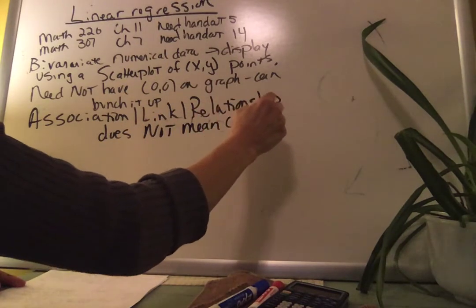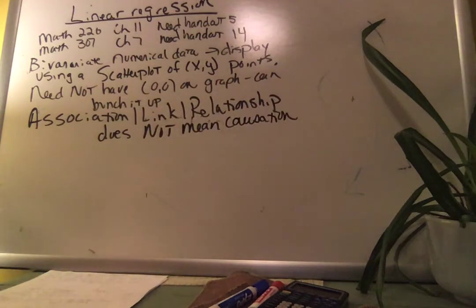The only way we can ever tell if one variable causes the other is by a very controlled experiment. Most of the stuff that we see in the media and that we're exposed to are actually basically observational studies. There was no control. So you can talk about links and associations, but it doesn't mean one causes the other.